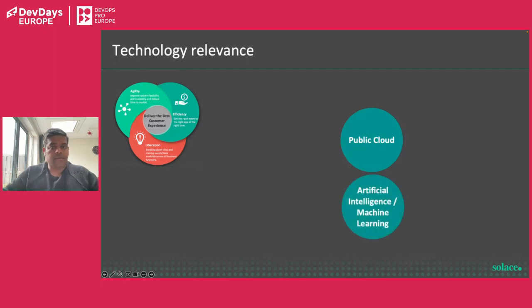Next is artificial intelligence and machine learning. It's closely linked to the public cloud in that it's much more accessible today than it ever was before. There are even machine learning services that you can just consume as you go from the cloud service providers. Third is microservices. We all know about it.